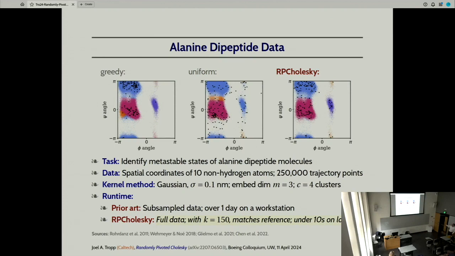In contrast, if you use uniform pivoting to produce a clustering, it makes a lot of mistakes. It picks landmark points all over the place. It gets confused about whether points are in this cluster or that cluster, and in fact assigns them to something completely different.